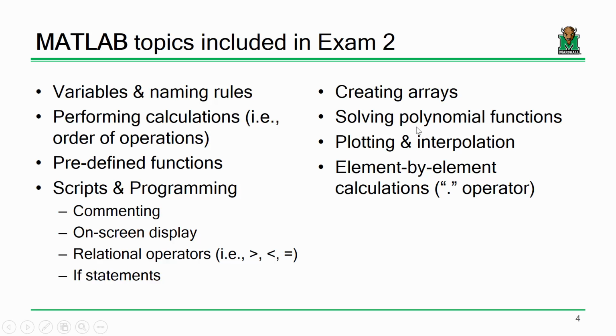And remember that we solved polynomials. We evaluated polynomials for certain x values. With the polyval function, you define at what value you want to evaluate the function, or you can have systems of equations where you've got an x, y, and z variable that you're trying to solve for.